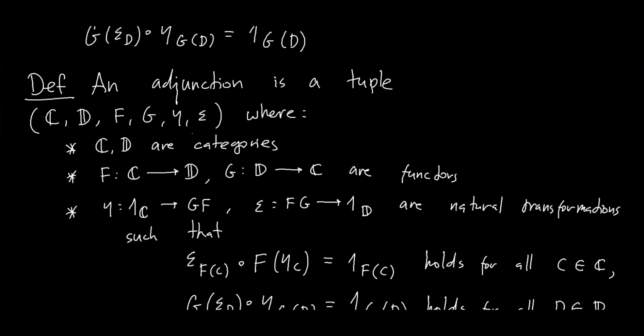Now, to be honest, I've never in my life proved that once we fix the two functors that we fixed, you won't be able to find another pair, eta and epsilon. My intuition tells me that it shouldn't be possible to find another pair, but I've never sat down and proved that result.